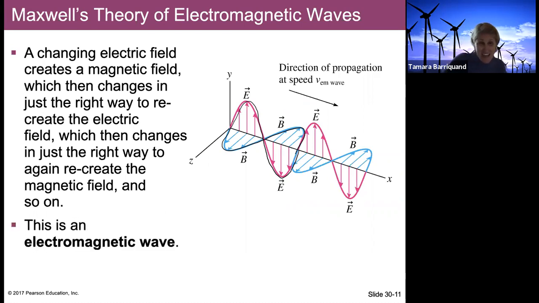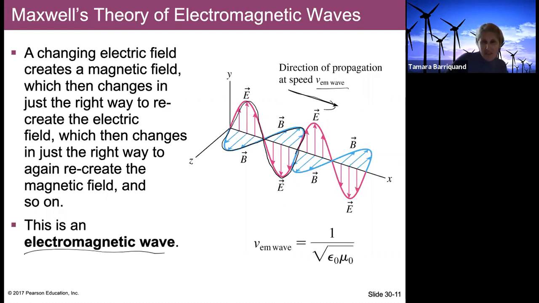This is called an electromagnetic wave, and we will go into more detail about this in the next module. The direction of propagation of the wave is here, and its speed is given as 1 over some constants that we know very well, the square root of epsilon naught times mu naught.